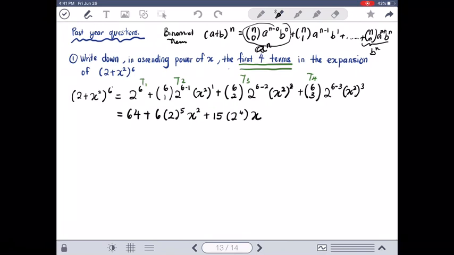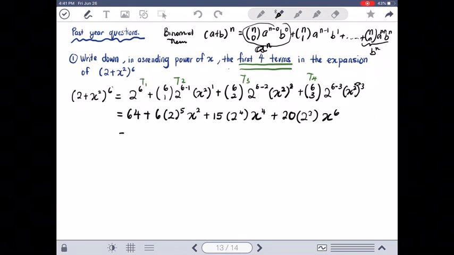Remember, power to a power, we multiply the indices, so x to the power of 4, plus 20 times 2 to the power of 3, x to the power of 6.